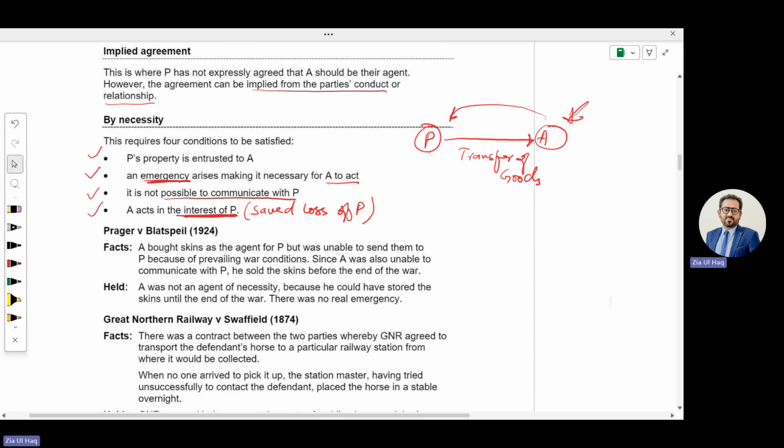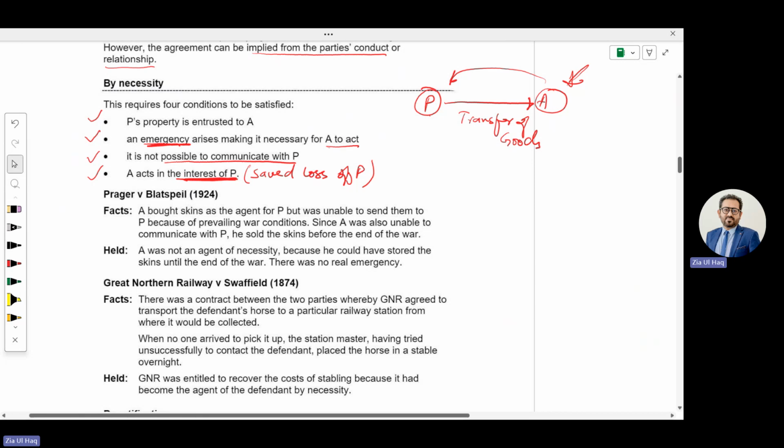And there is a case, Prager versus Blatspiel. A bought skins, animal skins, through which leather can be produced. So A bought skins as the agent for P, but was unable to send them to P because of prevailing war conditions. This case was in the era of World War I. So P asked A to purchase some skins for him.